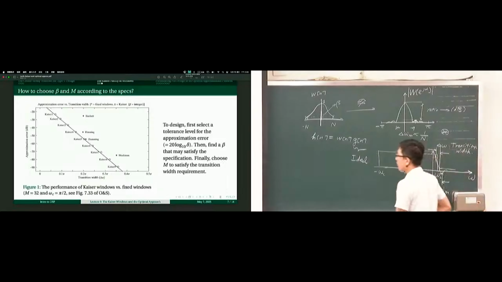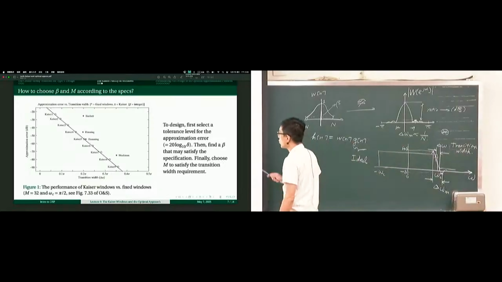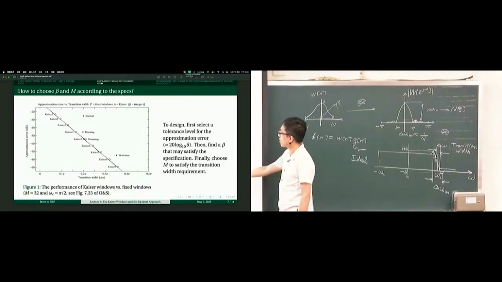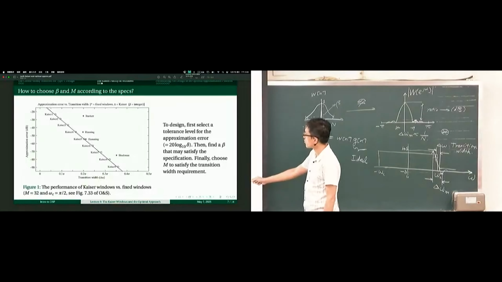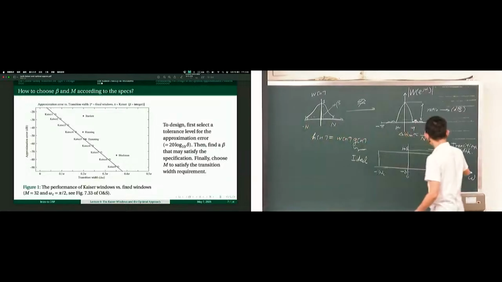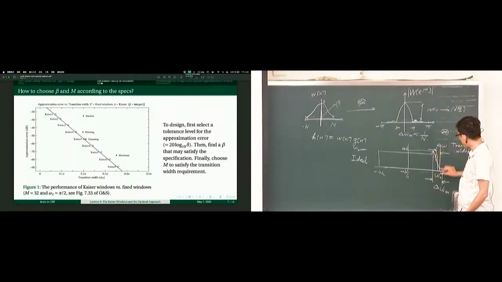So to design a filter, we first choose a beta value. How do we do it? By first looking at the given tolerance level, that's what we call it. The tolerance level for the approximation error is 20 log delta.